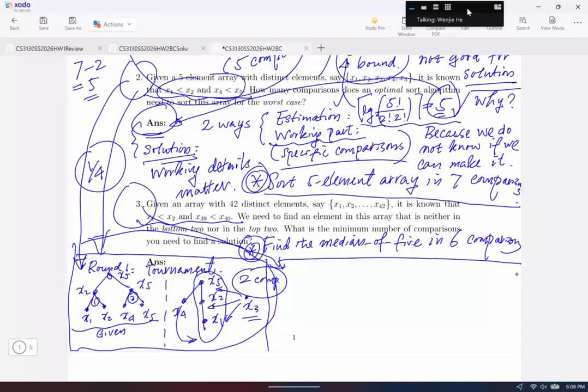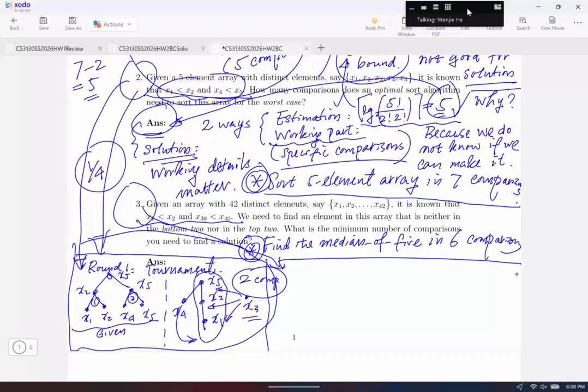That could happen. But here, the given condition can be completely used, because that's part of the solution. So that's why you can use the full 2 comparisons.